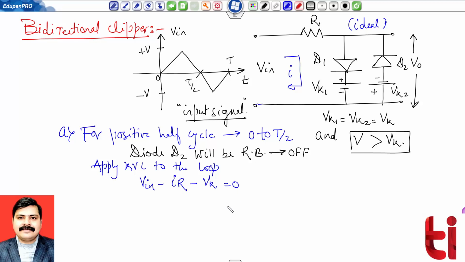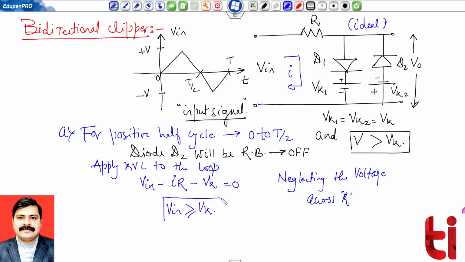So the condition which makes the diode on, if I neglect the voltage across R, is that Vin should be greater than or equal to Vk.